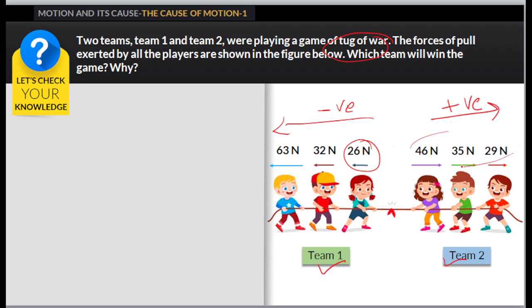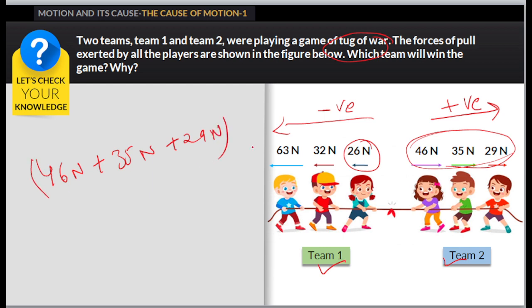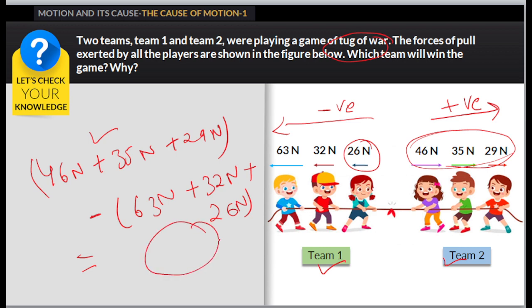So I will be adding these up, taking 46 Newton plus 35 Newton plus 29 Newton, and all this will be negative, so I can take the minus common and add them up. That is 63 Newton plus 32 Newton and 26 Newton. So I can add them up, find the sum of these values as well, and then I can subtract them, and I will get my answer.